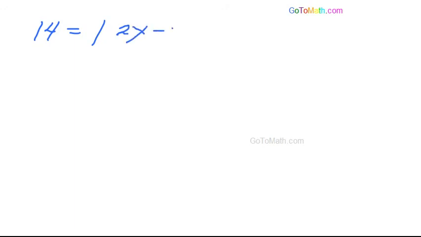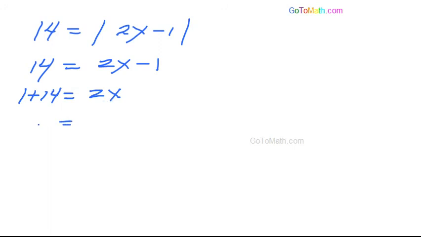2x minus 1. Alright, so the first thing we're going to do is drop the absolute value bars. And now let's go ahead and take this negative 1 to the other side. It becomes positive 1. If you've been working something one way and then all of a sudden things get switched around, sometimes you get confused.